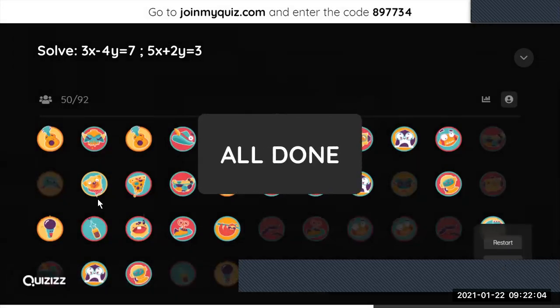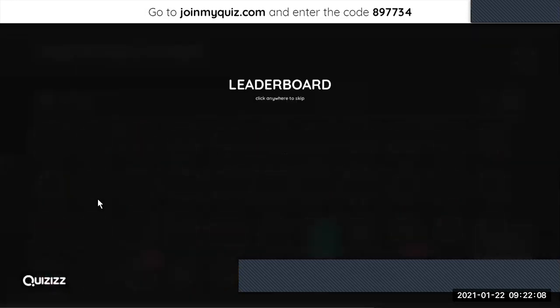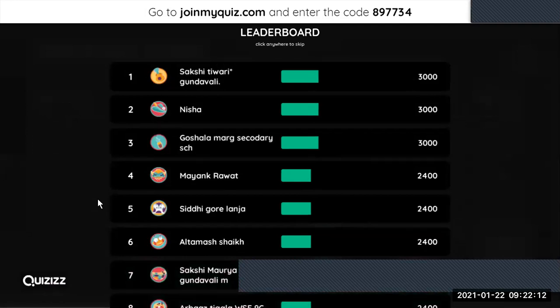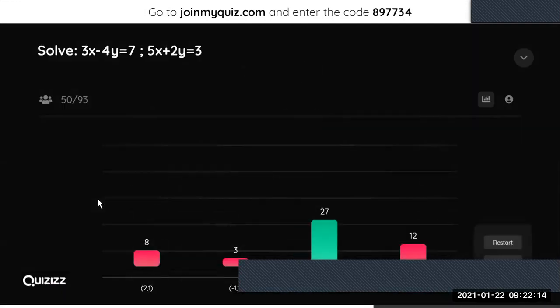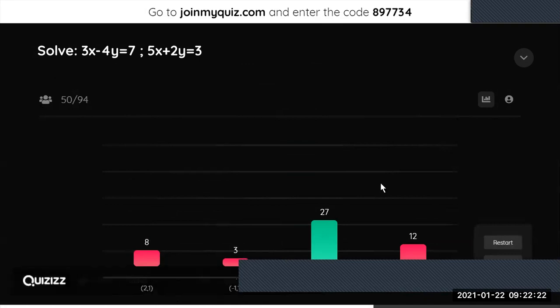All done. How many of you have got it correct? A big green correct. Great. So Sakshi, Nisha, Mayank, Siddhi, Altmash, Sakshi again here. 27 of you have got it right from 50. Just check the solutions. You had got x equals 1.